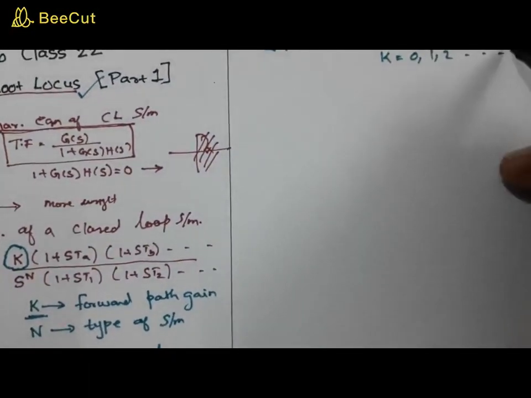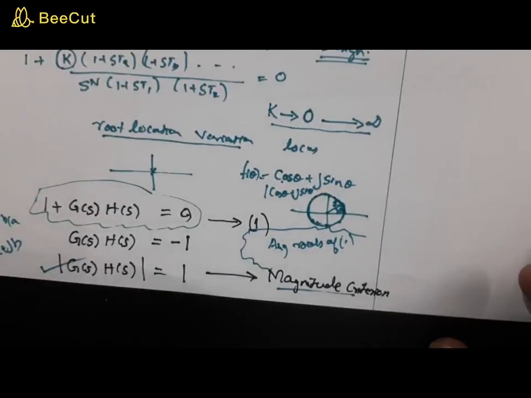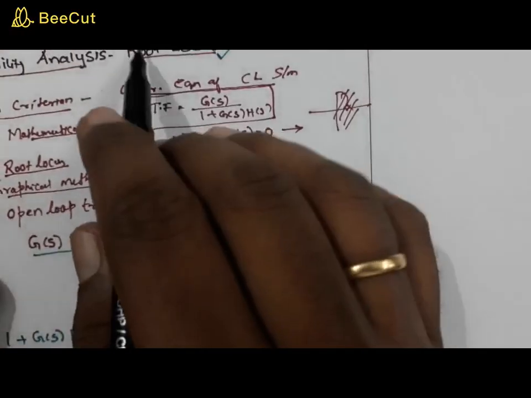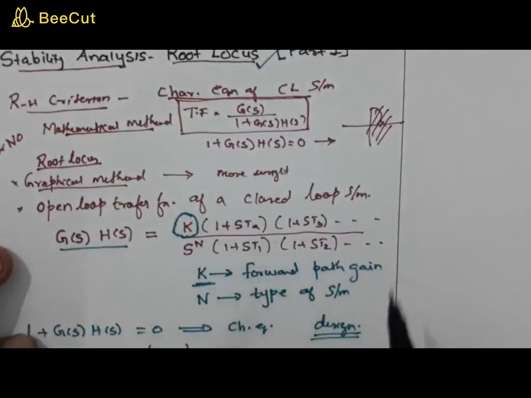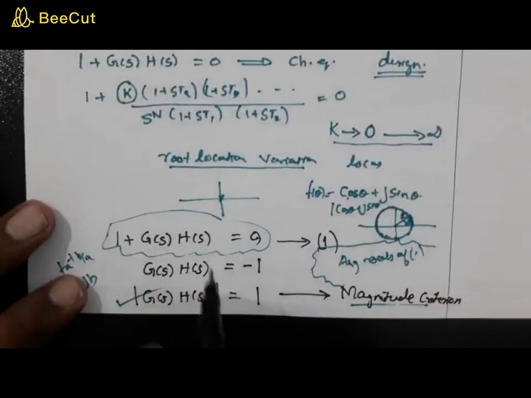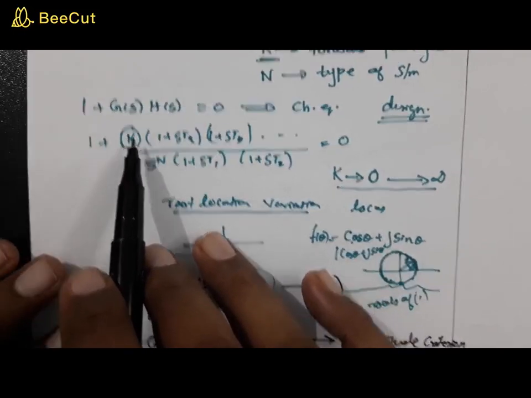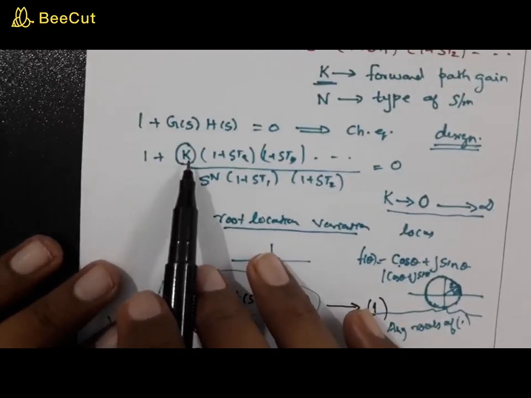So this is the angle criterion. Okay, so for a point to be on the root locus, our objective is to draw a root locus, the location of the poles as k varies. We have so far studied till the previous video, k is considered to be a variable, right?